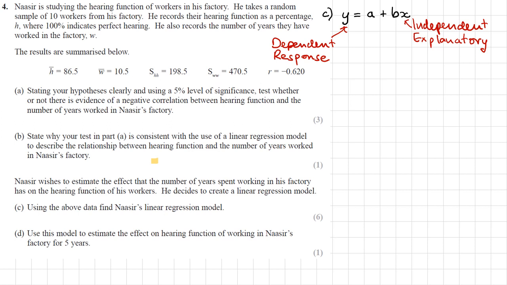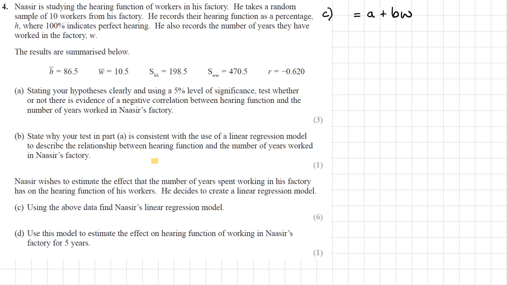So I'm going to replace the x with w, the number of years working in the factory. That is the explanatory or independent variable, because that affects the hearing. So the dependent or response variable I'm going to replace with the letter h. So this is going to be my linear regression model.